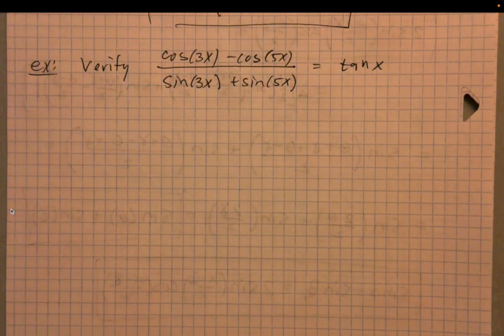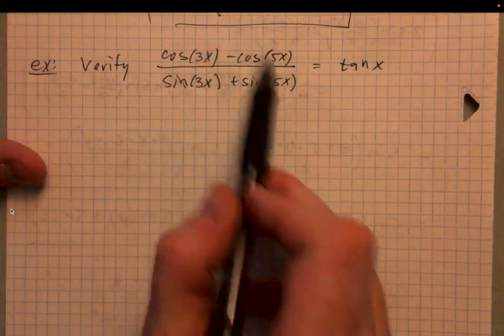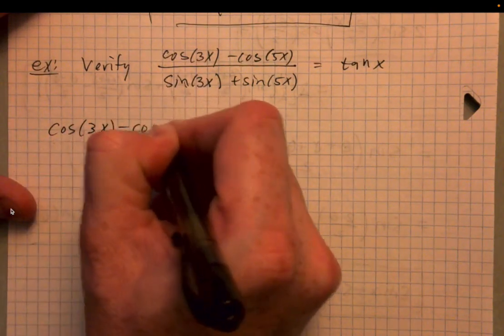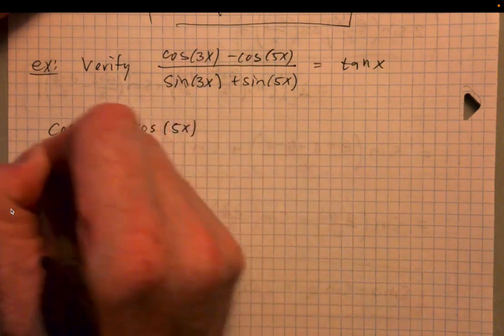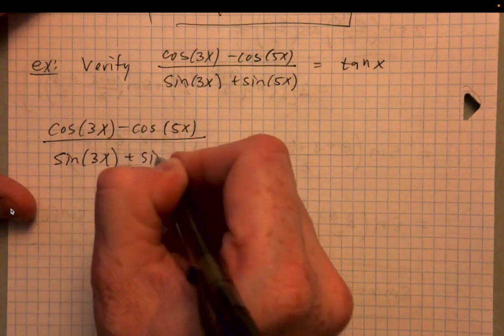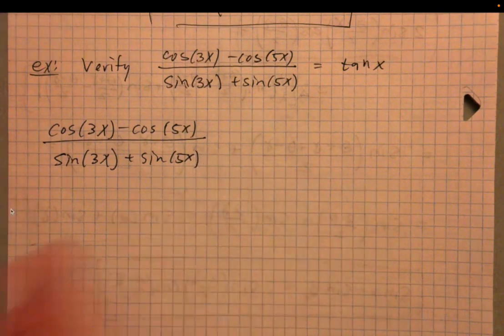Crazy, but true. Let's see. So we're obviously going to start with the left-hand side. So we'll say the cosine of 3x minus the cosine of 5x divided by the sine of 3x plus the sine of 5x. So what can we do with this?